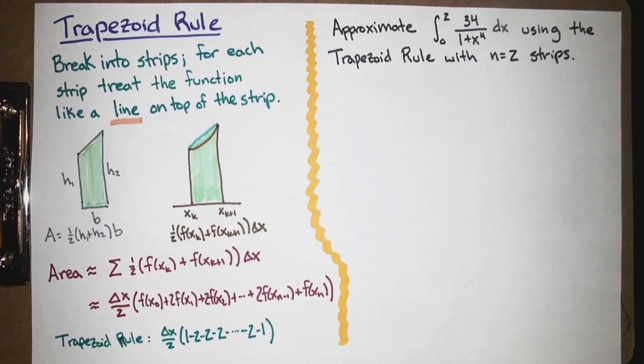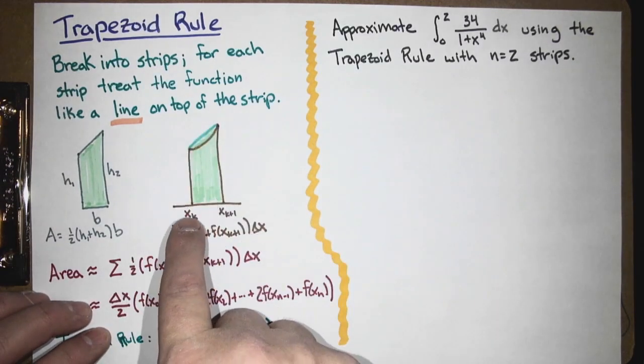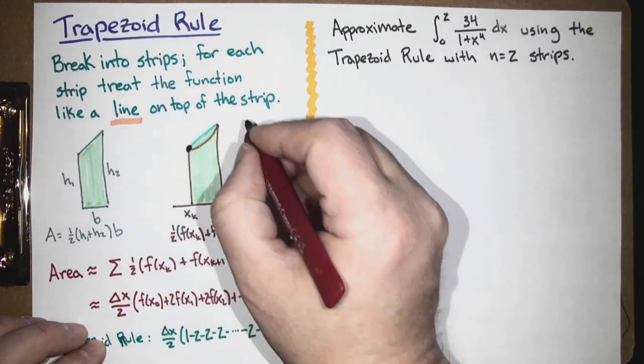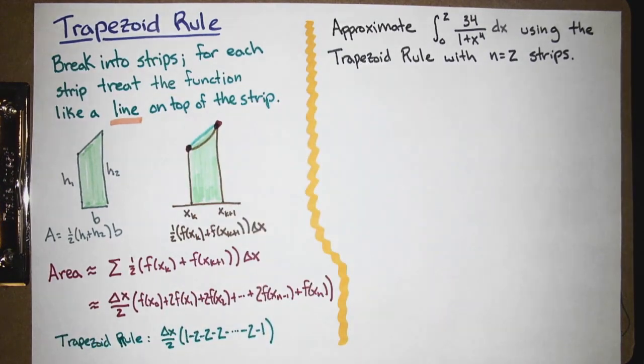Make it a line. And so what we can do is we have our curve of the function doing something, but we say, okay, we can take the point on the left-hand side, and we can take the point on the right-hand side and connect them by a straight line segment. So that says treat the interval as though the function were behaving like a line.